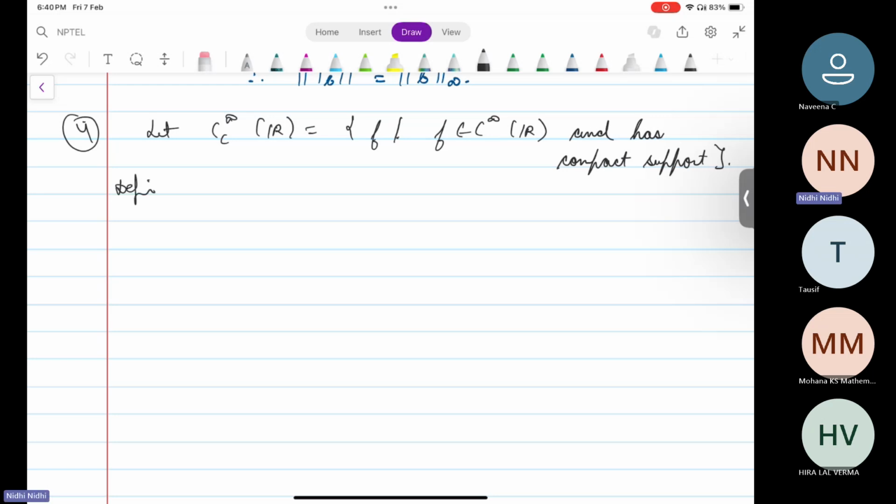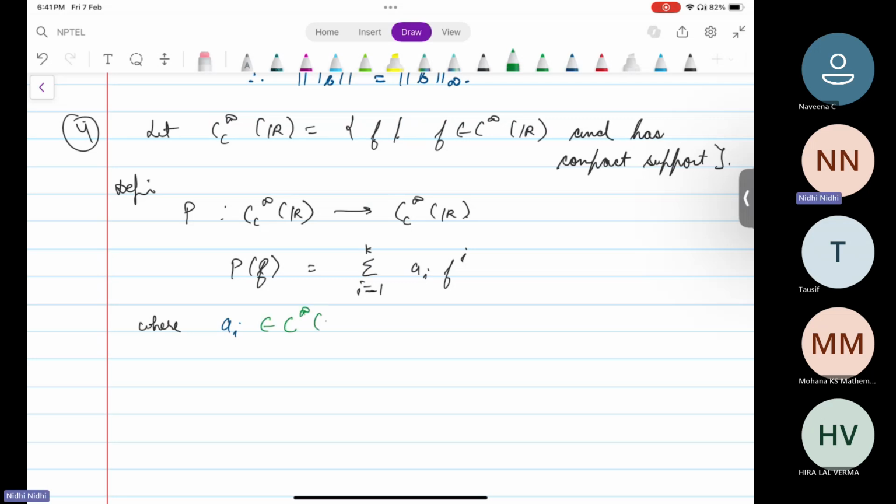Define an operator P from Cc infinity R to Cc infinity R as Pf is equal to summation i from 1 to k of Ai Fi, where this Ai is a function in C infinity R and is bounded. And this Fi is the ith derivative of f.